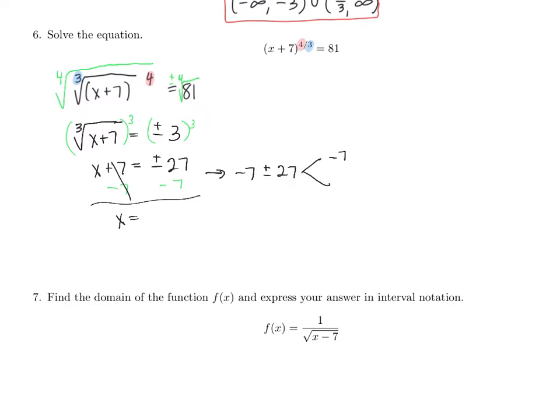Well, that's negative 7 plus 27, or negative 7 minus 27. So negative 7 plus 27 is 20, and negative 7 minus 27 is negative 34. Okay. So our two solutions are 20 and negative 34.